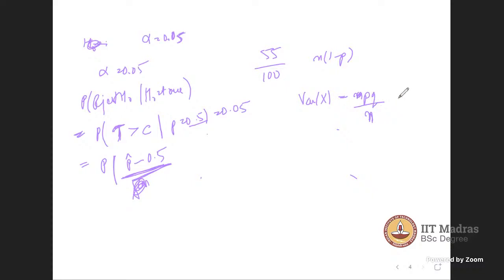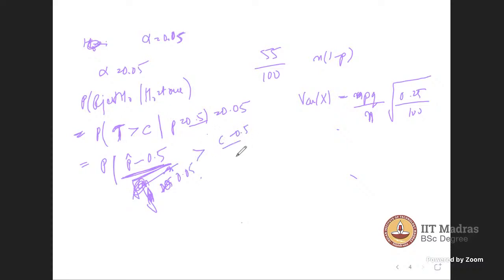So P is 0.5 and Q is 0.5, so 0.25 by 100, and that comes to 0.05.